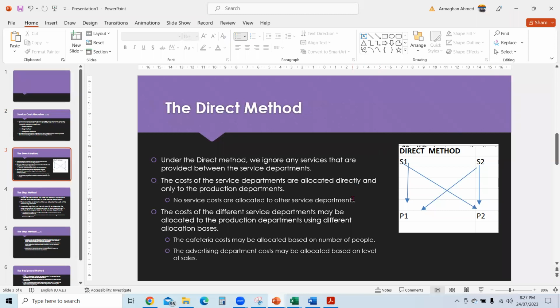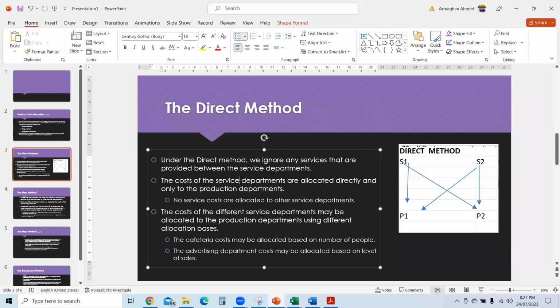So in the direct method, all service department costs are transferred only to the production departments. Under the direct method, we ignore any services that are provided between the service departments. Costs of service departments are allocated directly and only to the production departments.